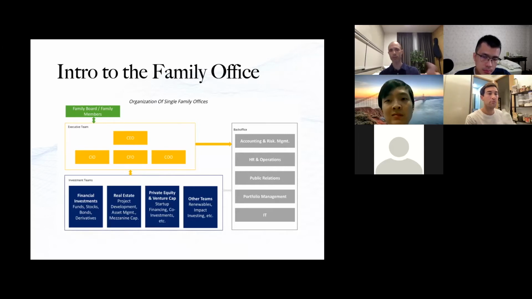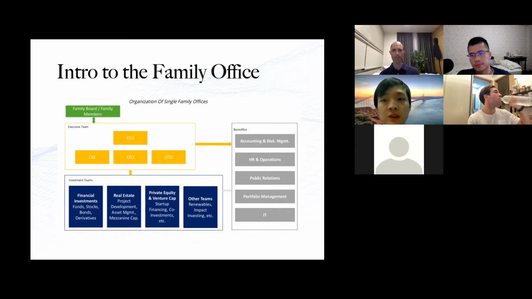This isn't shown here, but usually there's what's called an investment committee. Those are the individuals involved in the decision-making process and the executive process of the investment portfolio specifically. In our case, the investment committee is myself and then the two patriarchs in each family.